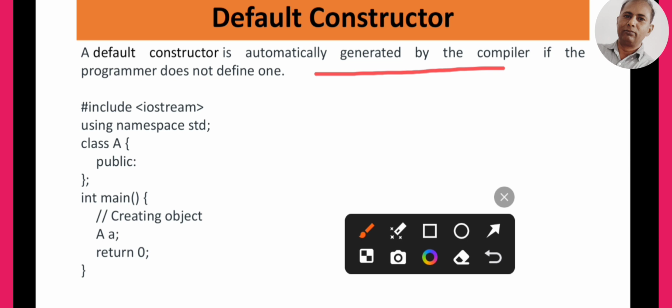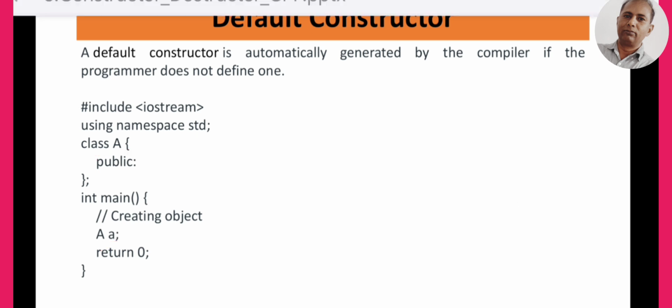In the example, we have made one class A, and in the main function we have made one object a of this class. Here we are not defining any constructor, so the compiler will automatically make the constructor for this object. This is known as the default constructor.